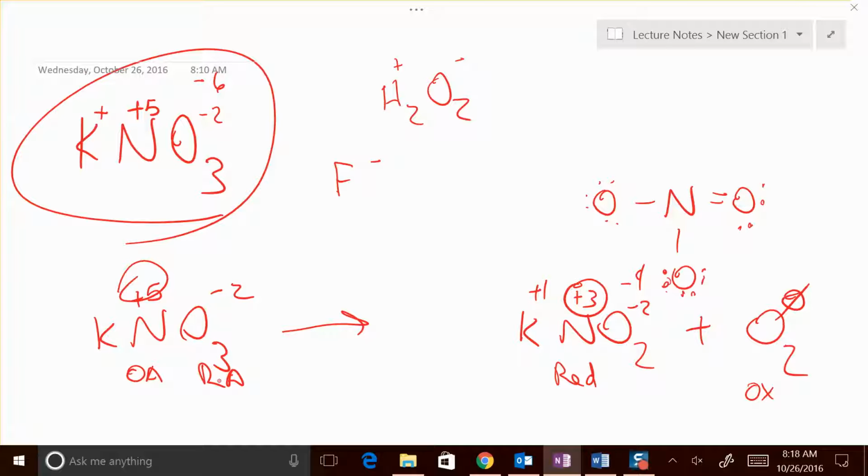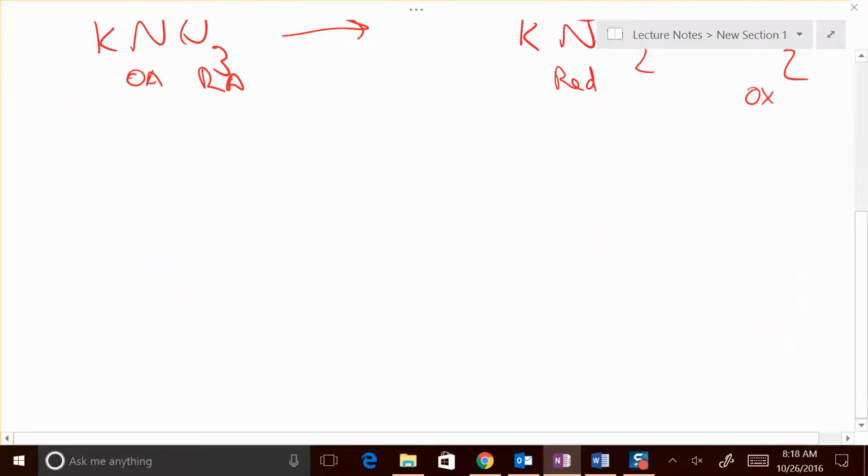Then, a really big part of your test: stoichiometry. Know how to calculate amounts of products or reactants given a starting amount and a balanced chemical equation. I've given a few examples there. Balanced chemical equation: 2H2 plus O2 gives you 2H2O.